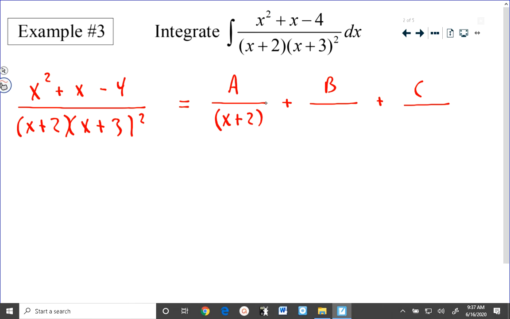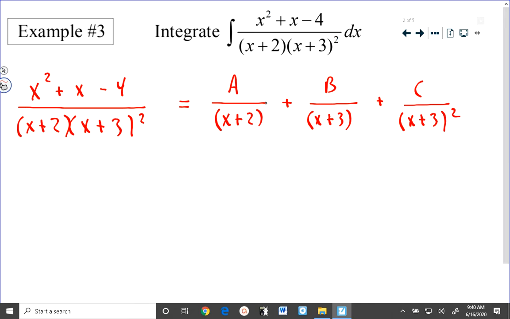We also need a partial fraction that contains a denominator of x plus 3. The reasoning here is if you didn't have that, then you would not get an x plus 3 in the denominator. It turns out that we need a third denominator of x plus 3 squared. Rather than try to explain to you why this is the case, I'm just going to cut to the chase and give you the rule.